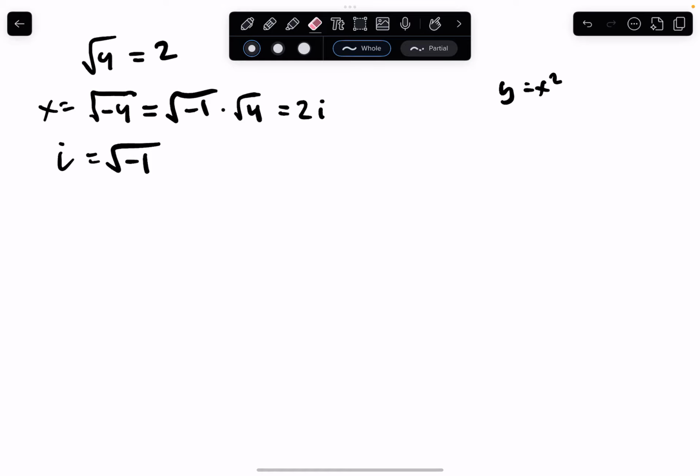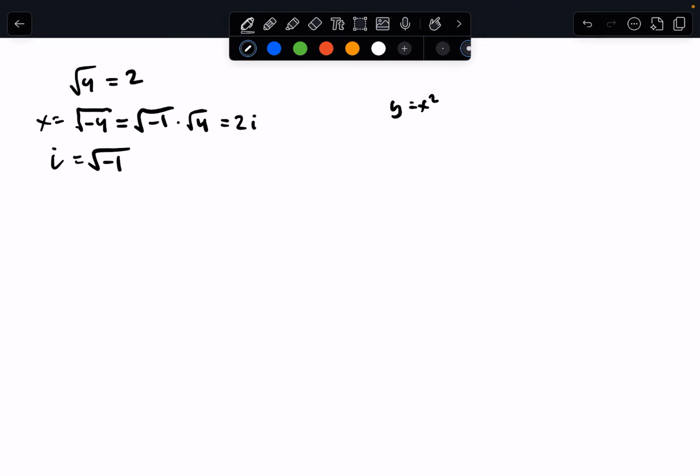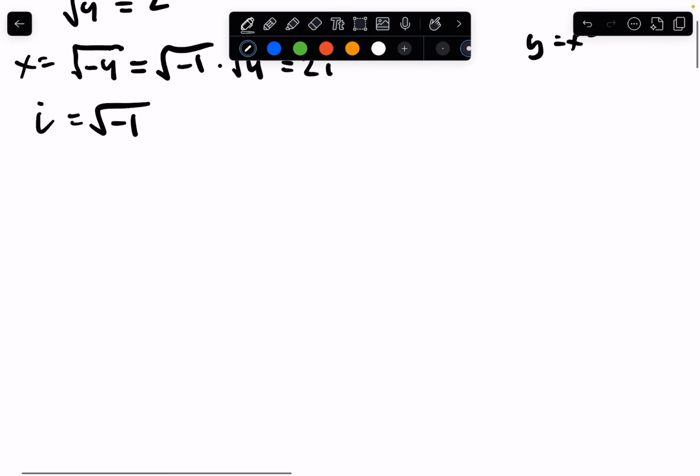And this opens up a whole new world for numbers. I mean, now every number that exists has a square root. So negative numbers have square roots. Square root of -9 would be equal to 3i.